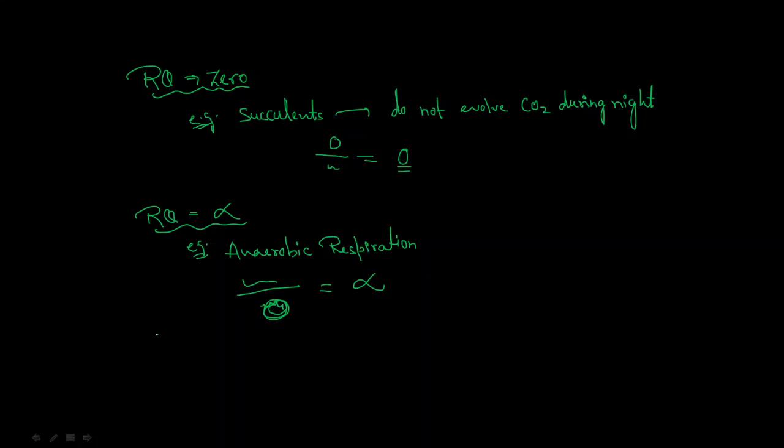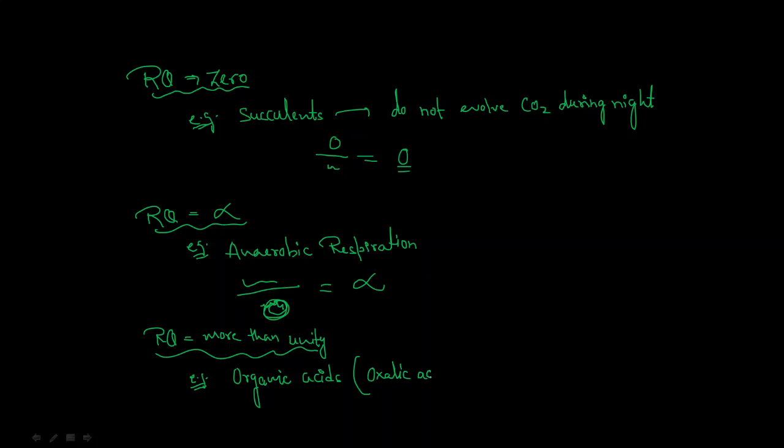And another case they can ask, the last case, is when RQ will be more than unity, meaning greater than 1. This happens when the substrates are organic acids, like oxalic acid or malic acid.